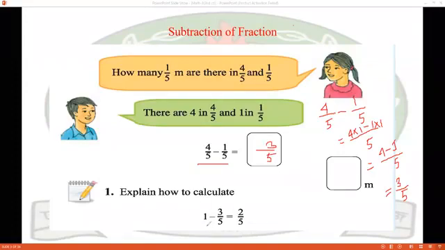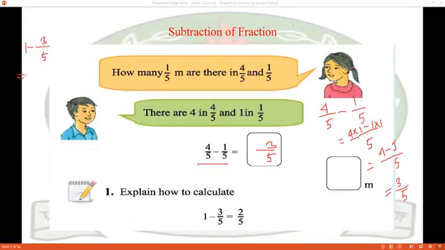Explain how to calculate 1 minus 3 by 5. Here the result is 2 by 5. How can we calculate? We write 1 minus 3 by 5.